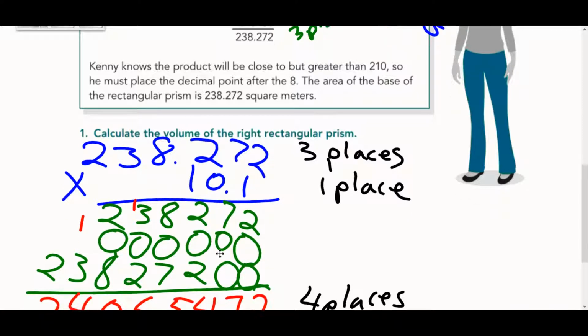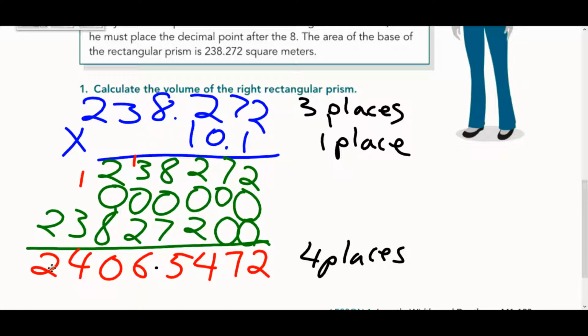So I put the 2 zeros here, and then I add it together, and I got this red number, 24065472, and then I go back up here to count my decimal places. I have 3 here, and I have 1 here for a total of 4 places. And move it over 1, 2, 3, 4. So the decimal place should be right there.